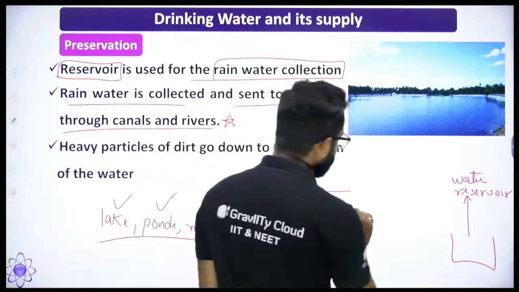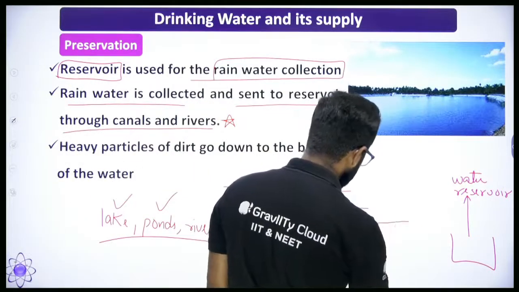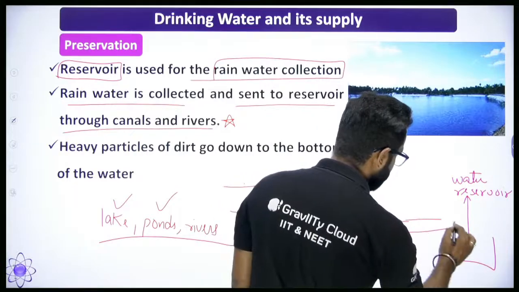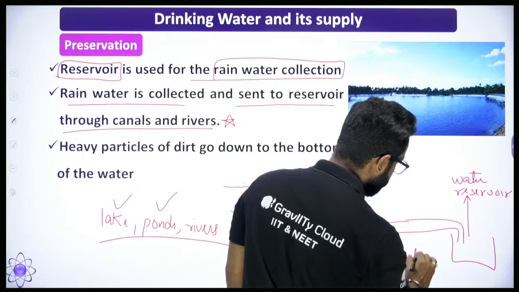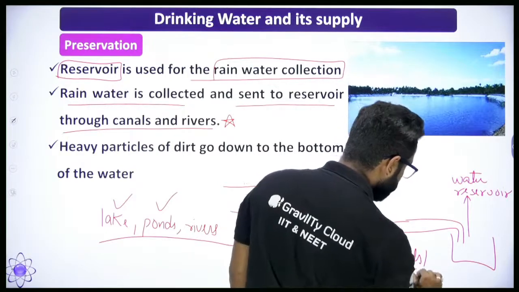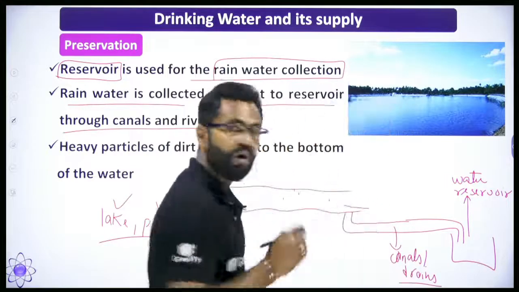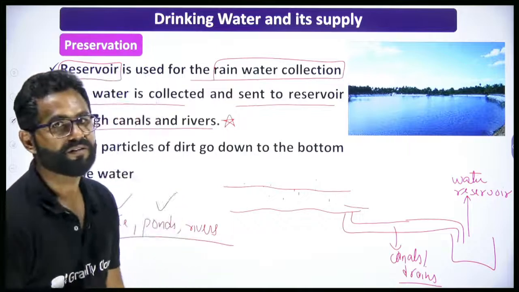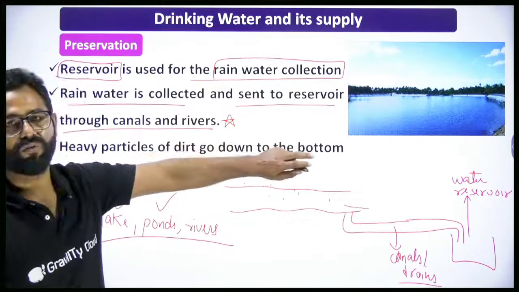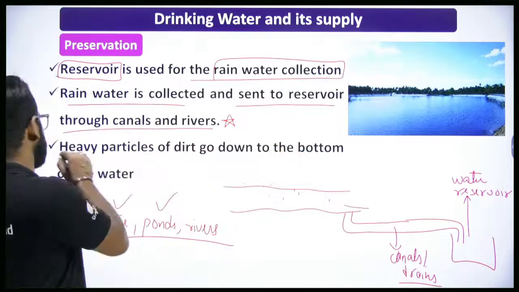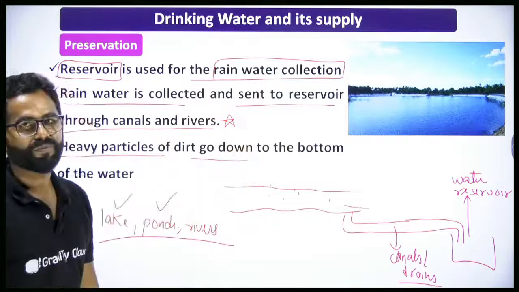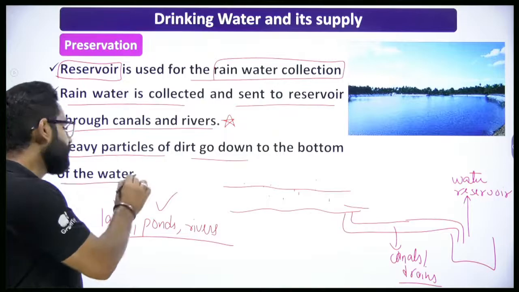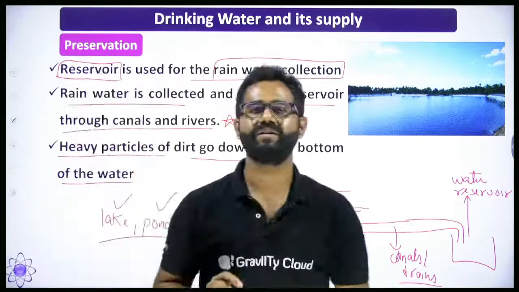This water will pass by using drains or canals, and through the canals or drains we pass this water into the water reservoir, right? In these water reservoirs, heavy particles of dirt will settle, simple, and we get somewhat clean water.